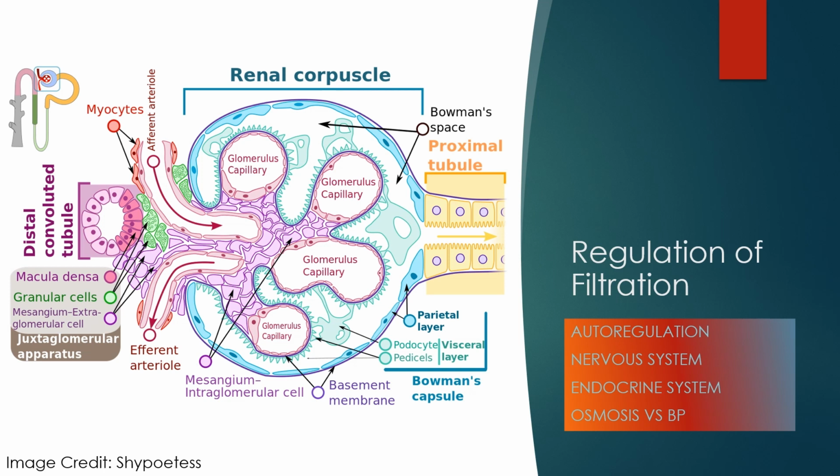We've got the afferent arterioles taking blood into the kidneys, and then the efferent arteriole, which is taking blood out of the kidneys. Right now the kidneys are getting about 20% of all the blood being pumped out from the heart. Of all the blood the kidneys see, about 20% is able to make it through this filter right here.